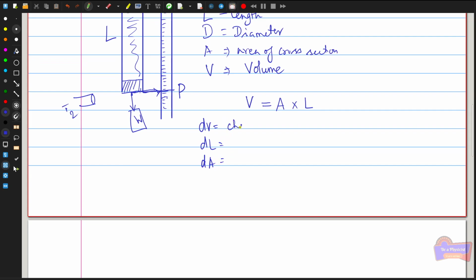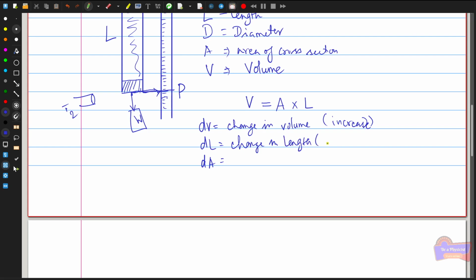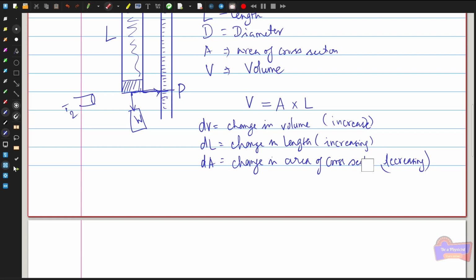So this is the increase in volume, the change in length, again increasing when applying a load, and the change in area of cross section, which is actually decreasing.